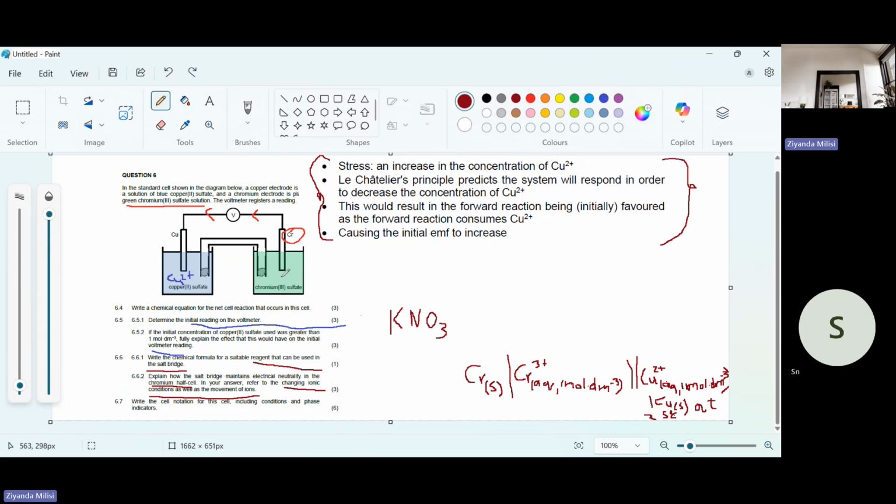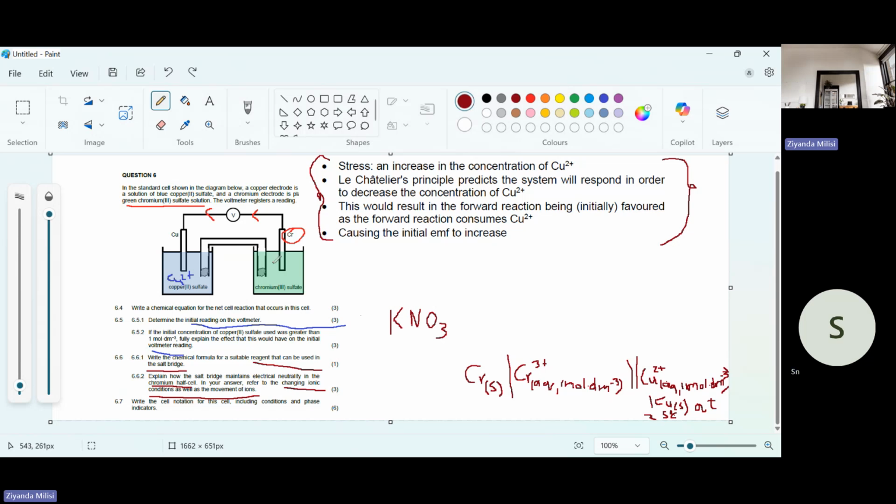We already said from chromium, what happens? The electrons are flowing into the copper one, which means this one is the anode. So with the movement of electrons, the negatives in the solution here are leaving. Then what will happen?